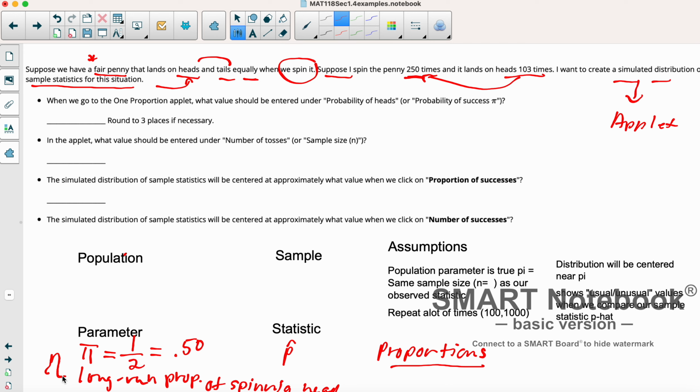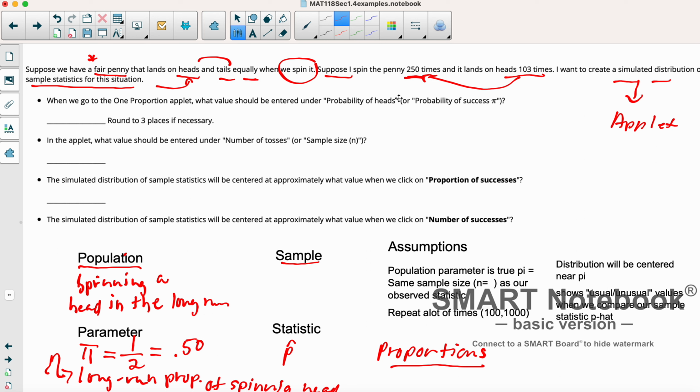Whenever we have something that is a long run or a theoretical value, that goes with the population. So the population would be spinning a penny in the long run.